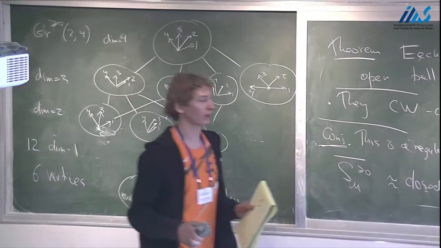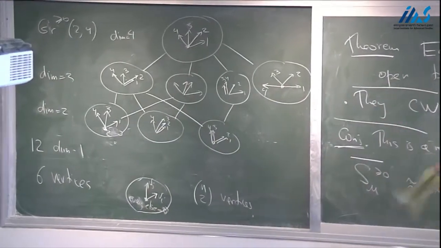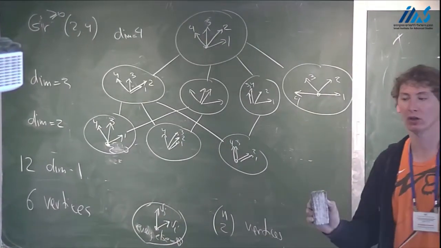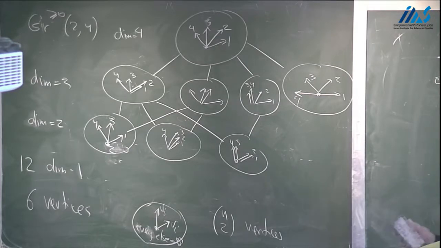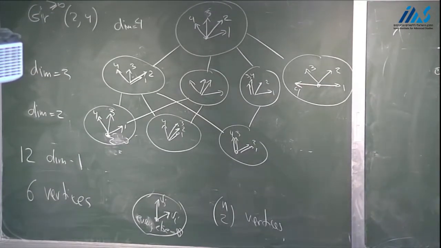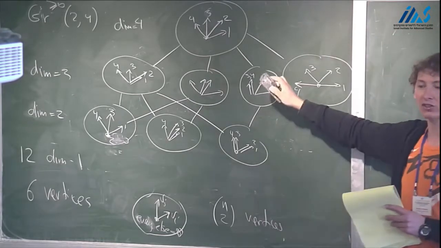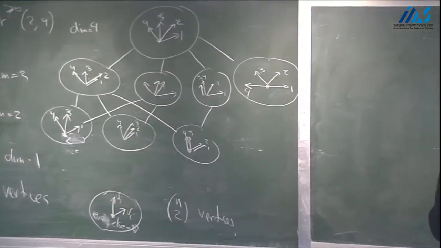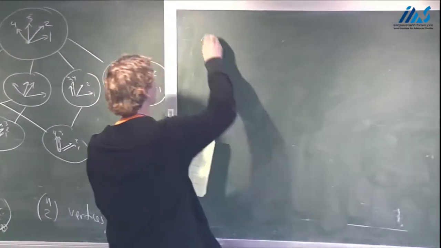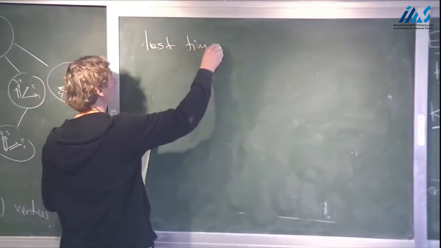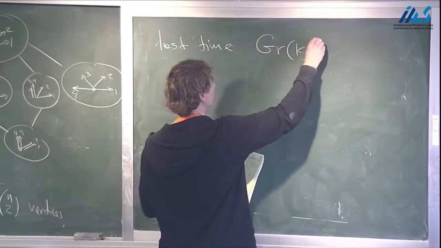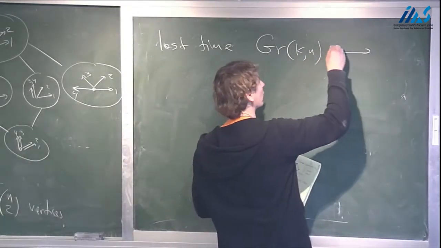So remember, last time I told you about the hypersimplex. Last time I said that one combinatorial model that captures some geometry of the Grassmannian is the hypersimplex. So let me talk a little bit about how this structure is related to the hypersimplex. Last time we said that we have a nice moment map that sends the Grassmannian to the hypersimplex.